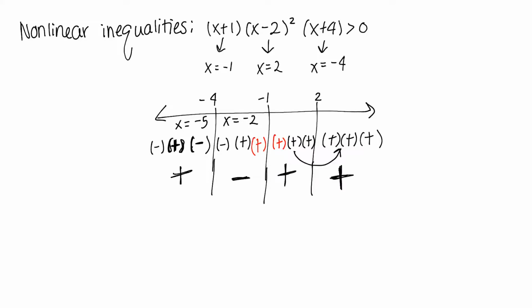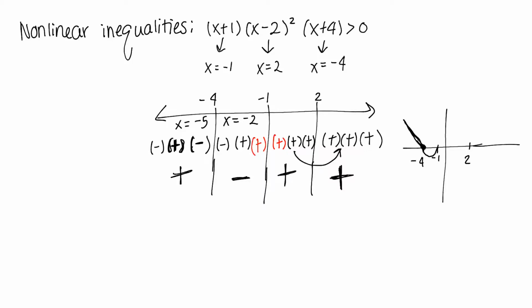So if the positives and negatives are relating to what's happening on my graph, where the graph is, then some really bad sketching is about to happen here. It says that before negative 4, the graph is positive, so it's here, it hits at negative 4, and then it goes negative all the way up until negative 1.